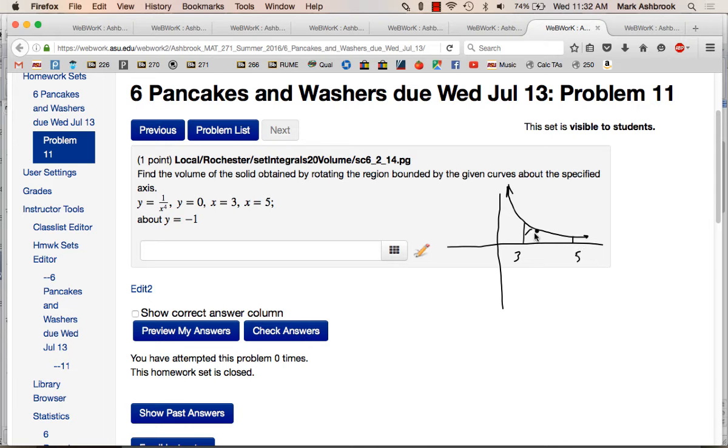And then they want that rotated about y equals negative 1. Okay, so we imagine that thing rotating about y equals negative 1, and at 180 degrees around in rotation, it's going to look something like that.